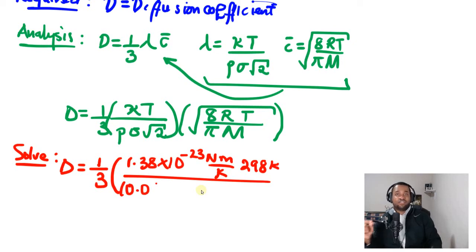We know a pascal is newton per meter squared, and we are going to be multiplying our pressure by the specific given measurement for our area, which is the cross section of our molecule, which is 0.43 times 10 to the, in this case, negative 18, and this is measured in meters squared, and finally here it is multiplied by the square root of 2.